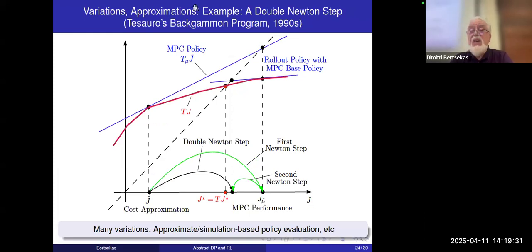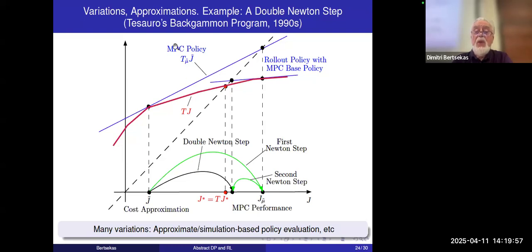Okay, as I mentioned, there are several variations of this methodology, like approximations of policy evaluation, simulation-based ideas, truncation of the simulation, truncation of the horizon. And there's also an interesting variation that involves a double Newton step.